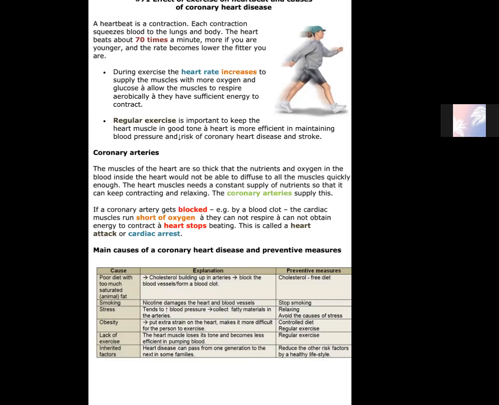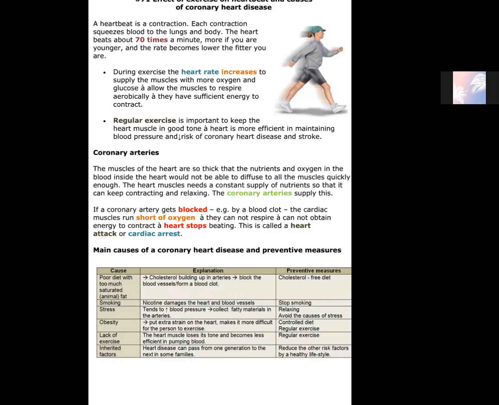Obesity is an extra strain on the heart, so the heart has to function with greater effort. If you can control your diet and do regular exercises, that reduces the risk. And lack of exercise: heart muscles become less efficient in pumping blood, so regular exercise is very important as a preventive measure.